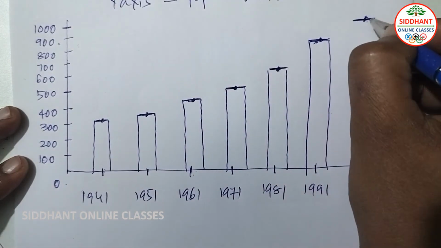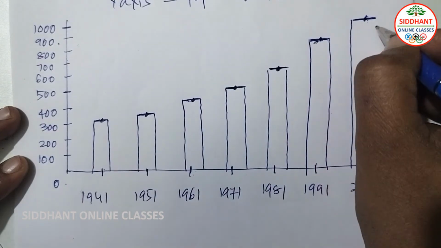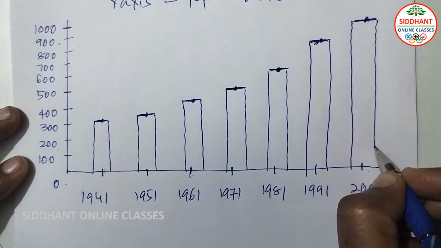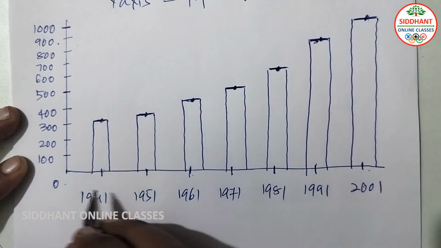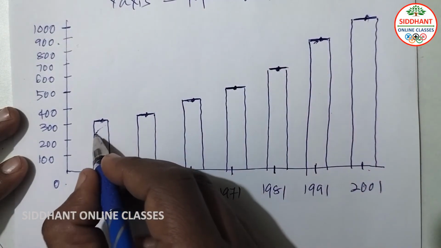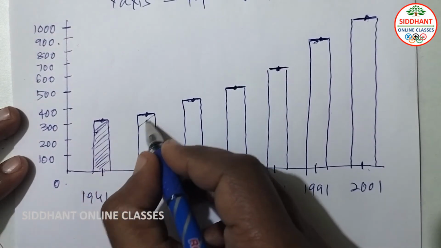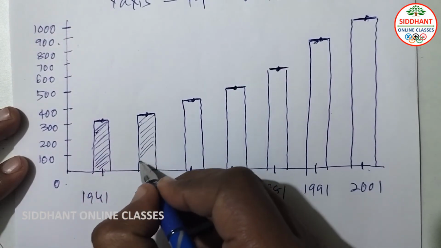With the scale we are going to draw the bar diagram so that you get a straight line. So these are the bar diagrams. If needed, you can shade the bar diagrams for attractive purposes.